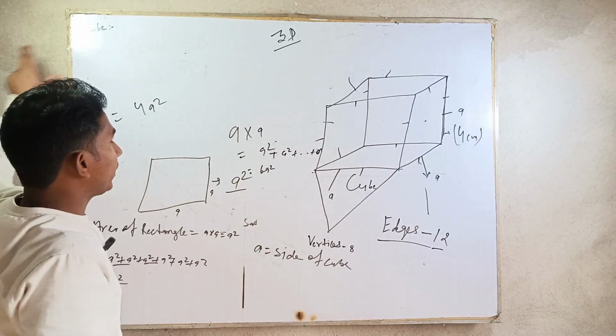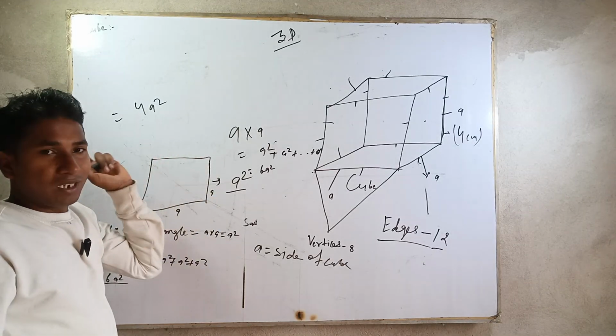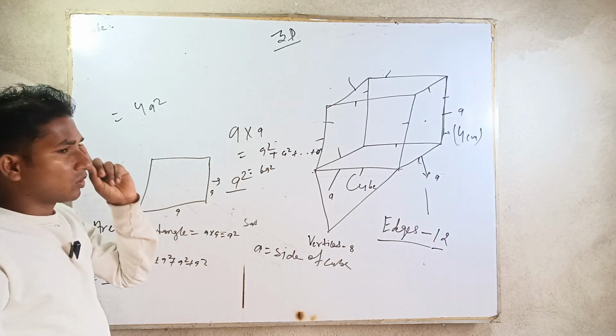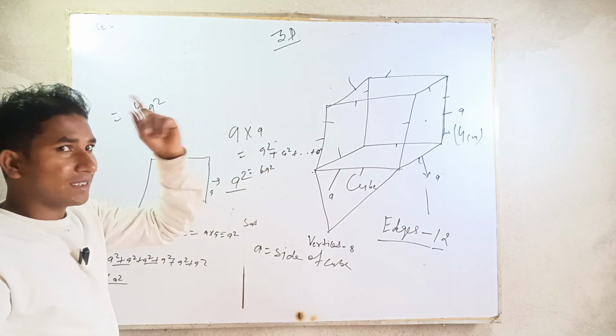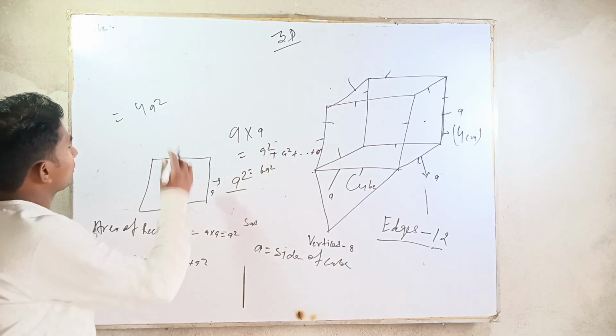I need to paint only 4 walls, so that is called lateral surface area. And if I need to cover the upper and lower parts, it has 6 faces to cover, so this is called total surface area.